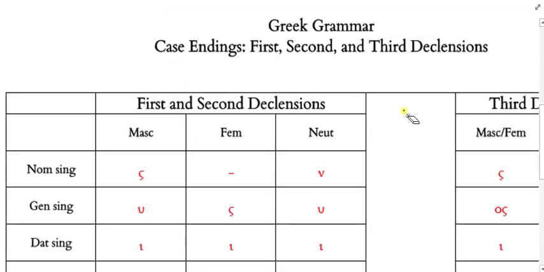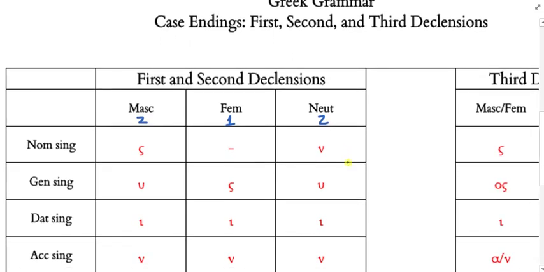Now let's look at the case endings. Let's just review. Up here on the case endings that we have, on the left side, we've got the first and second declension case endings, masculine, feminine, and neuter. Let's just jot down the declensions that they follow. The masculine follows second, feminine follows first, neuter follows second, okay?